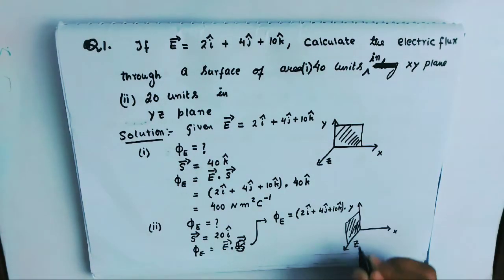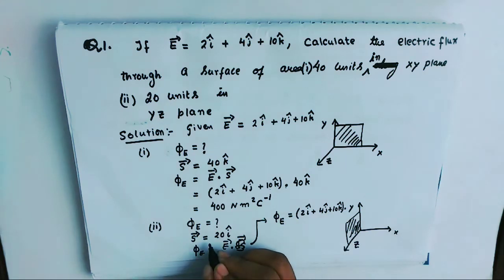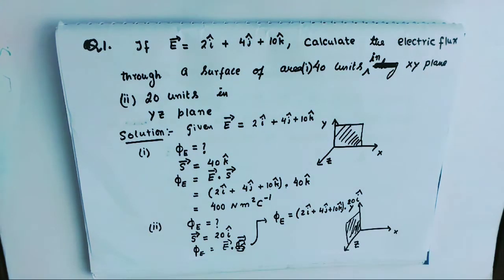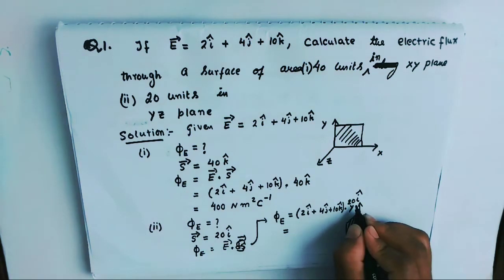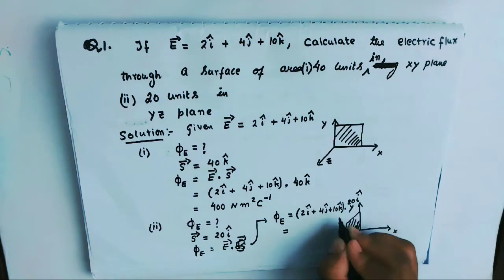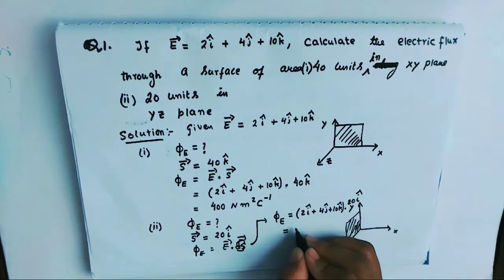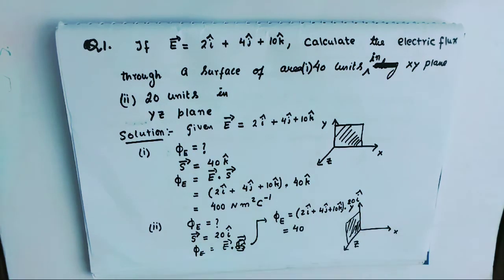Then dot, instead of S, we will put 20I. So I dot I equals 1, J dot I equals 0, K dot I equals 0. So we will have 40.